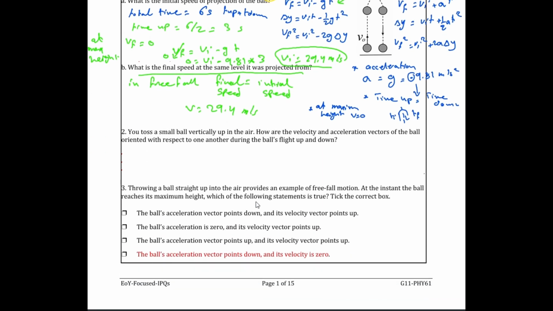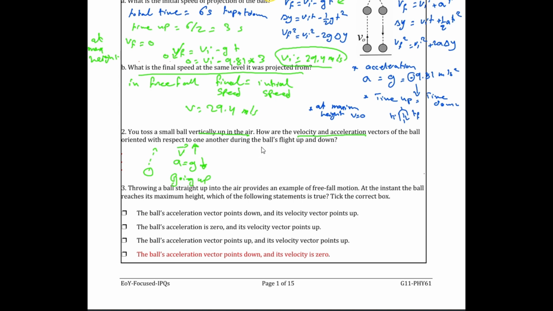For question 2, you toss a small ball vertically up in the air, which is similar to the previous question. How are the velocity and acceleration vectors of the ball oriented with respect to each other? If we are throwing a ball upwards, the V vector should point up, but the acceleration, which is similar to g, should always point downwards because of gravity, including while going up.